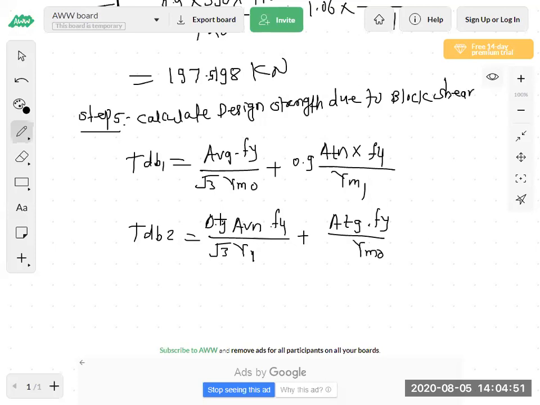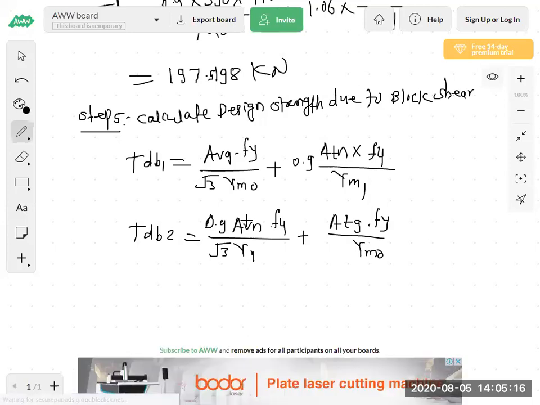Then you will write this formula fast. Are you getting? Page number 33, tension members, TDB1, TDB2, these formulas are given. Or page number 34 or 35, sorry, maybe 33 na? 33 page वरती आहेत IS code.